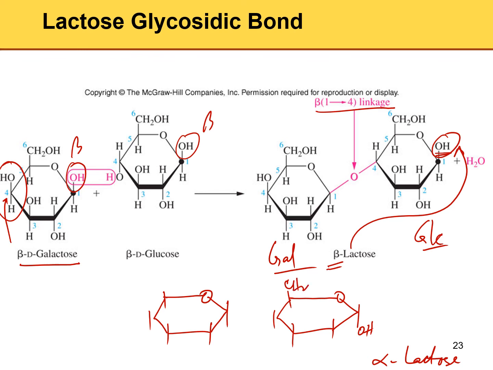So CH2OH, up, down, down, up, down. This is my alpha glucose, right? Now I'm going to draw galactose, but suppose I forget galactose. I'm going to draw glucose first. Glucose is one up, down, and I need to have a beta galactose, so beta will be OH here.